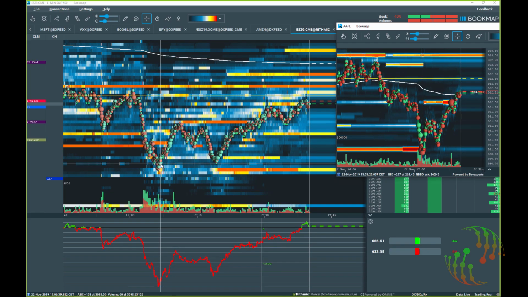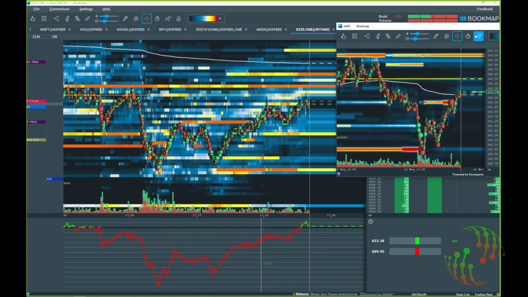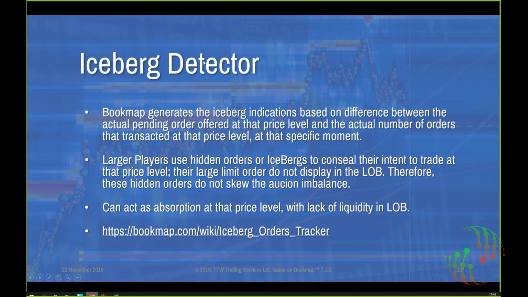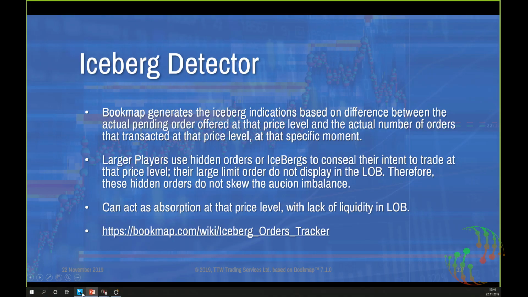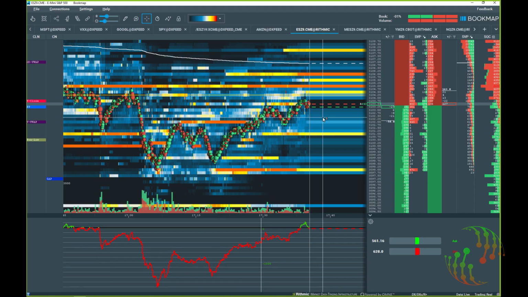It's only one example. You will see enough examples all day long in your trading. Guaranteed. Absolutely.